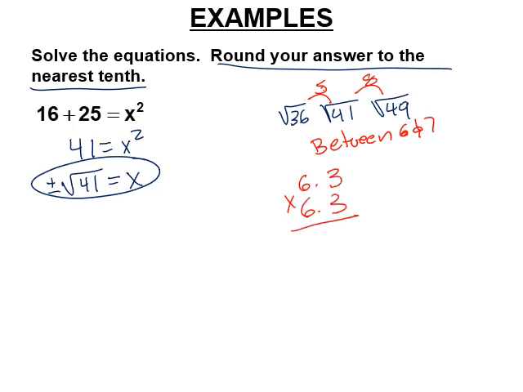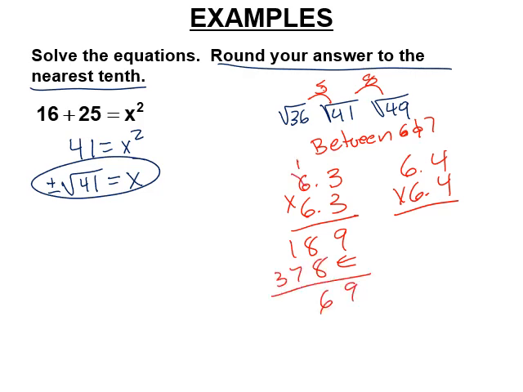Pick one of those. That's pretty low, 6.3, right? We're not even at 40. I think that's going to be too low. I'm going to go with 6.4, but let's double check it.